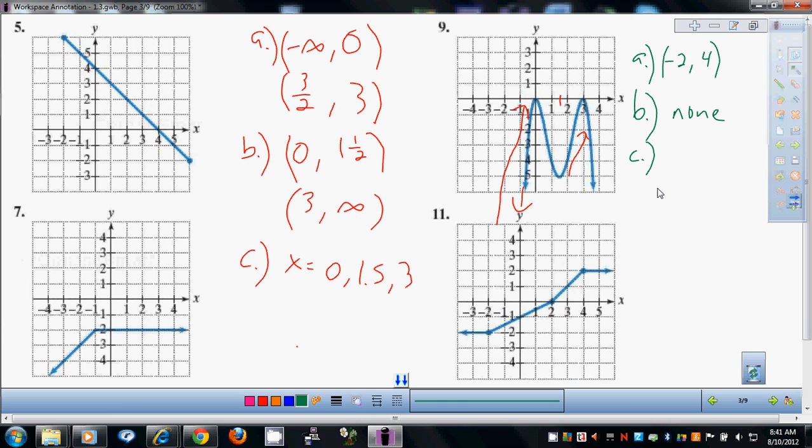Okay. Intervals of constant. Where does that thing flatline? Morgan. I can't hear you. You're correct, but see, the arrow kind of implies it just keeps doing the same thing.